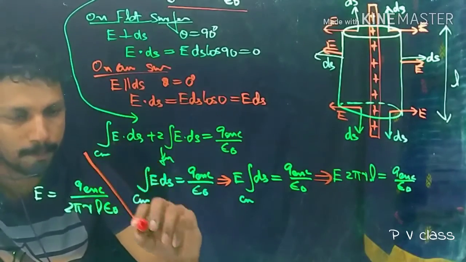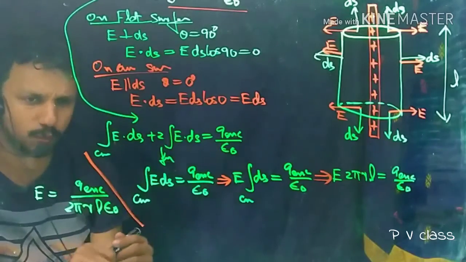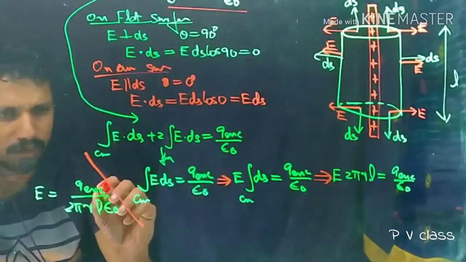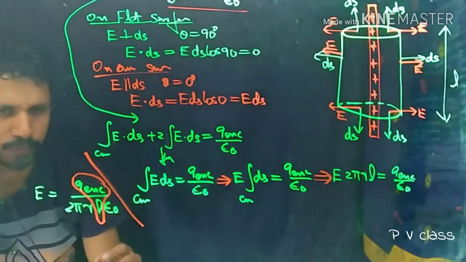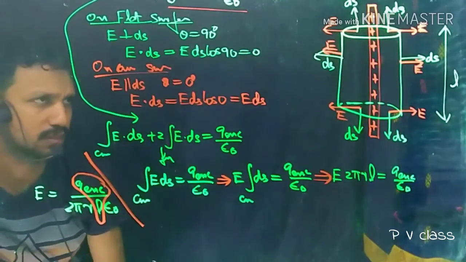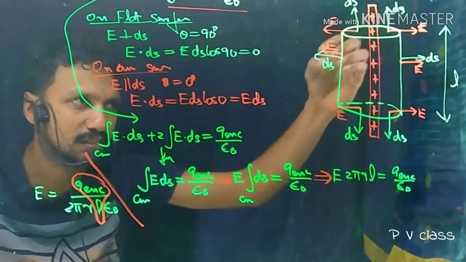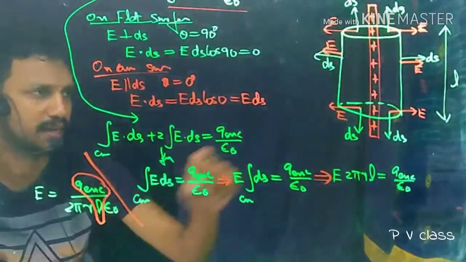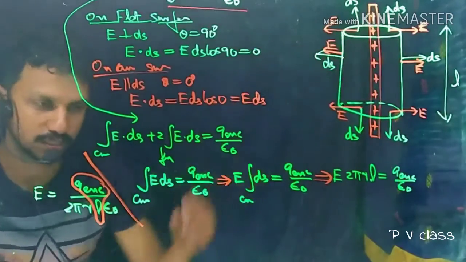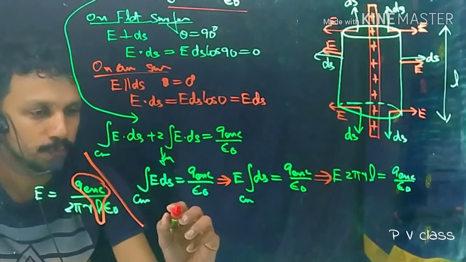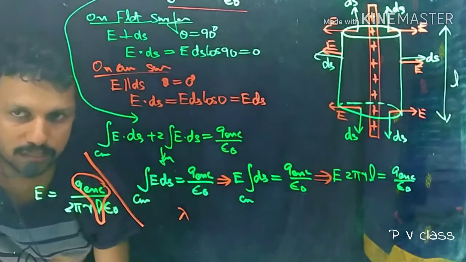Then, from this equation, let's highlight these two terms. What is q enclosed? It is the charge enclosed by the cylinder, that is the charge inside the cylinder. What is L? L is the length of the conductor inside the cylinder. As we know, there is a physical quantity which is called linear charge density.